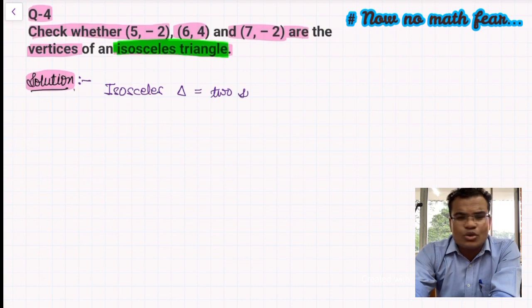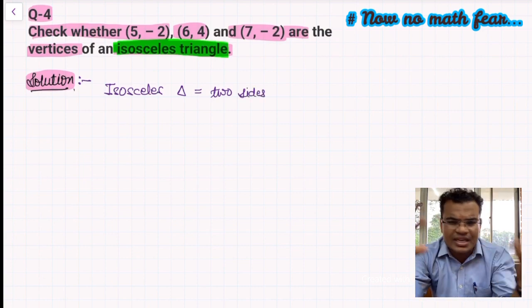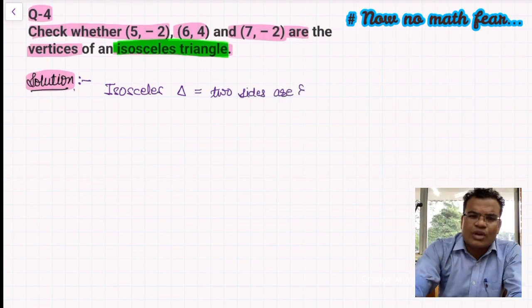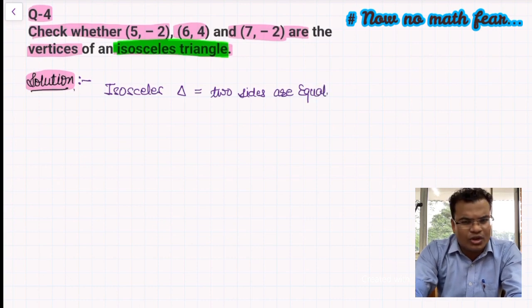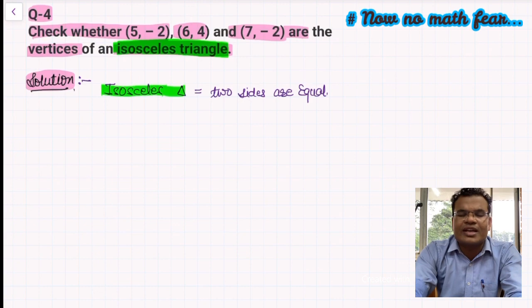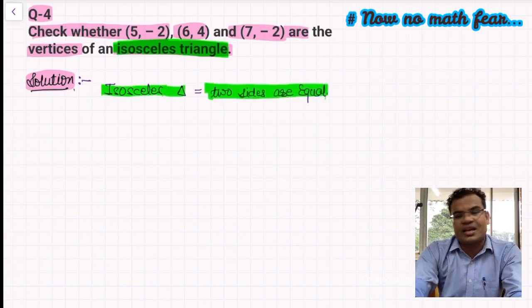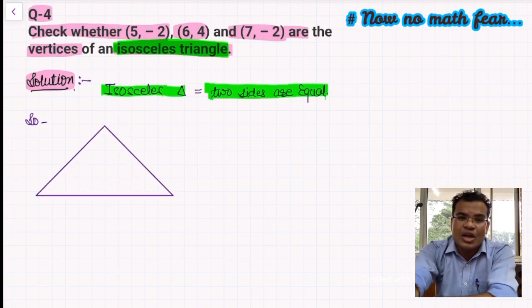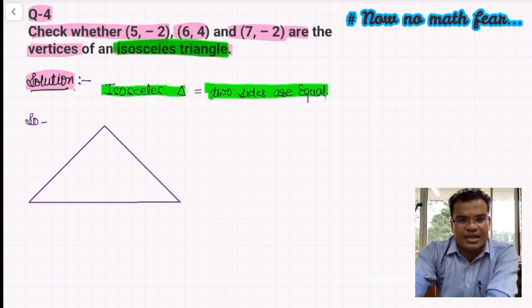Any two of the three sides are equal. I am just writing this for your concept, because sometimes you get confused here. An isosceles triangle has two equal sides.